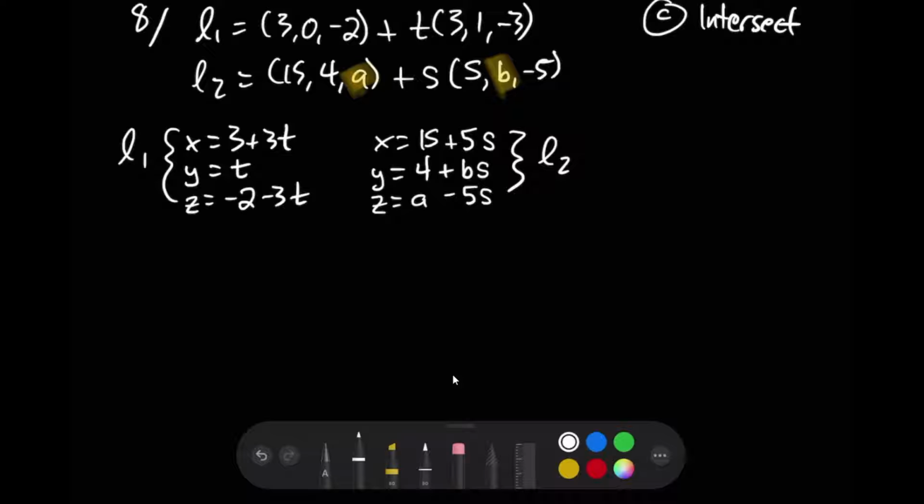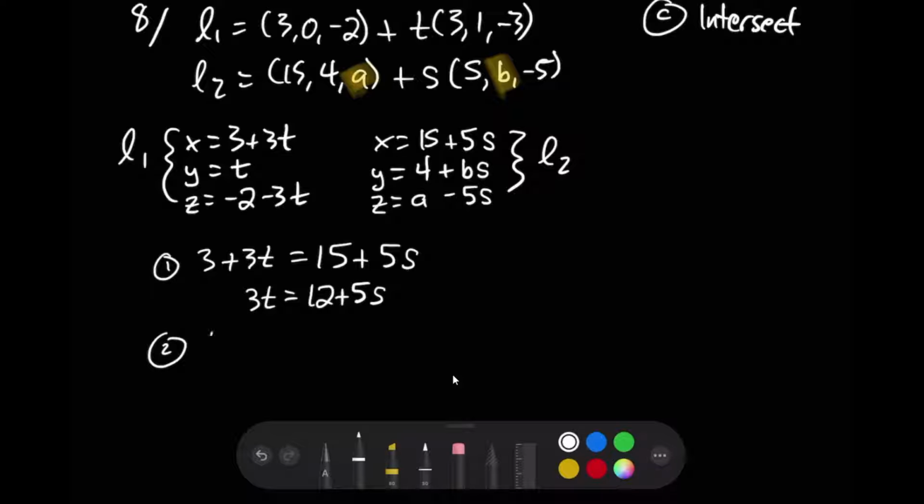Since I'm looking for a point of intersection, I'm looking for the point where these are all equal to each other. A point of intersection exists on both lines, so the x, y, and z components are all the same. Those portions of the equations are going to be equal to each other. So equation 1: 3 plus 3t equals 15 plus 5s, and we can tidy that up a bit, so 3t equals 12 plus 5s.